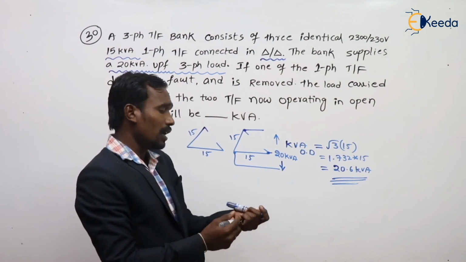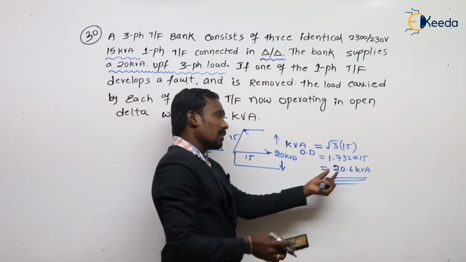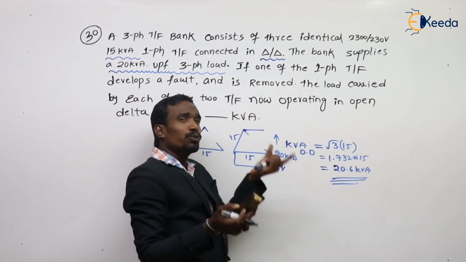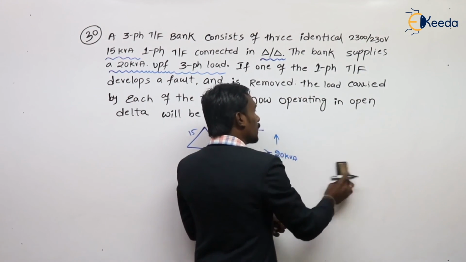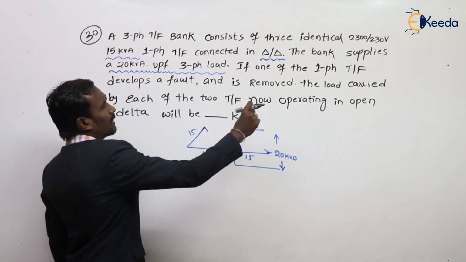Generally the capability is 20.6, but we are applying only 20 kVA. No problem with load, there are no overload chances. So 20 kVA applied.